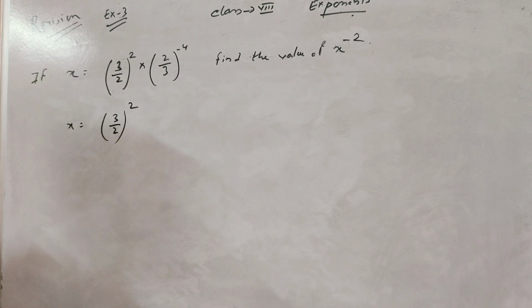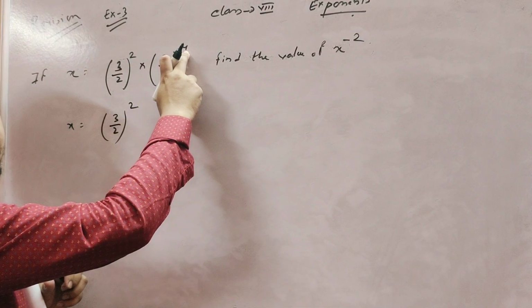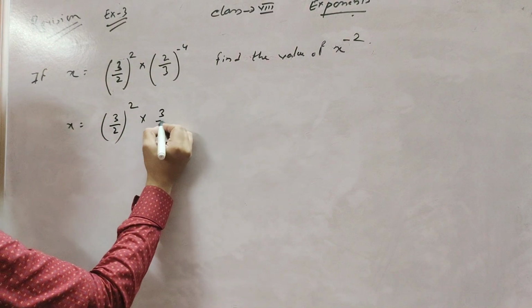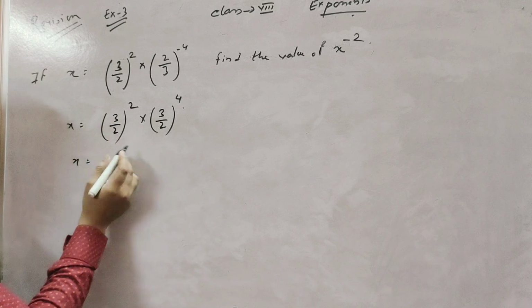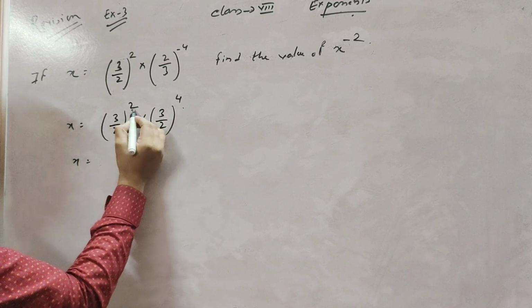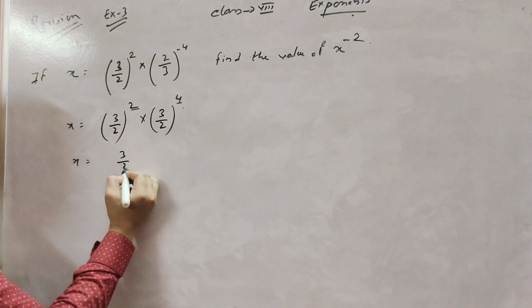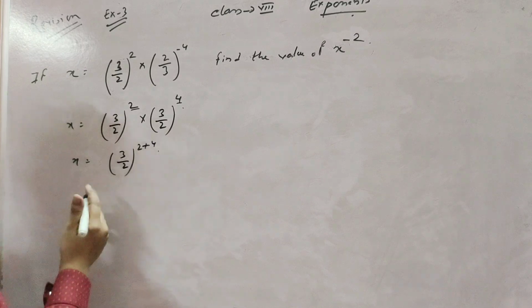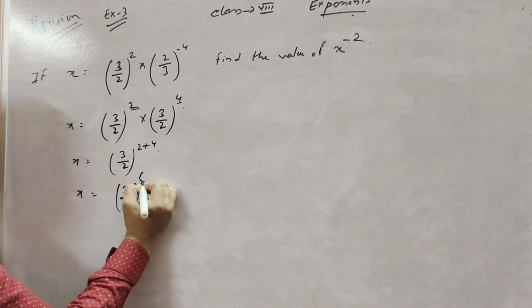When we change this minus form into plus, that means negative into positive, this number gets reciprocated. So this one becomes 3 by 2 to the power 4. So x equals the same base in multiplication form, and we know that during multiplication the powers get added. So x equals 3 by 2 to the power 6.